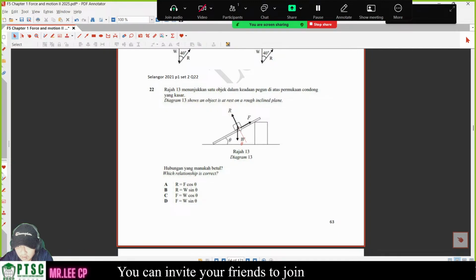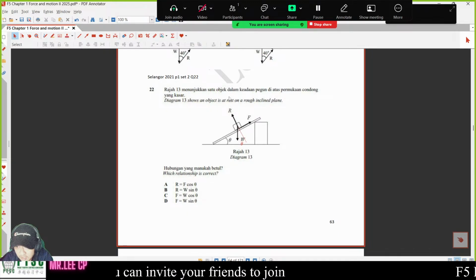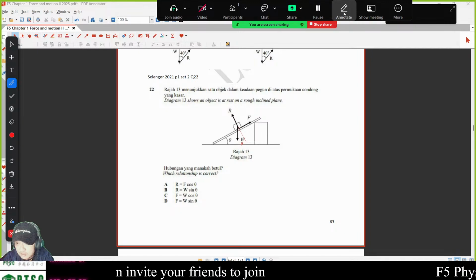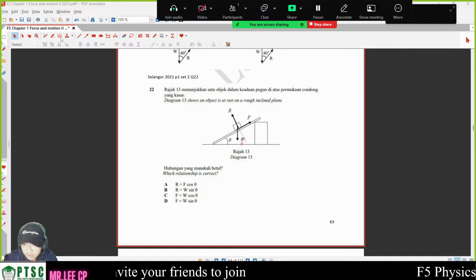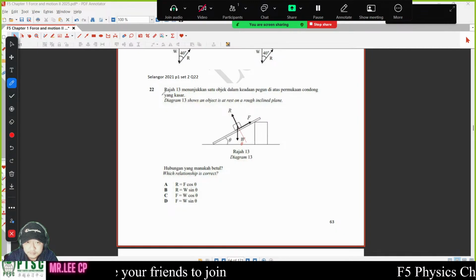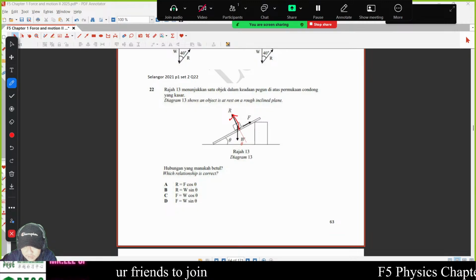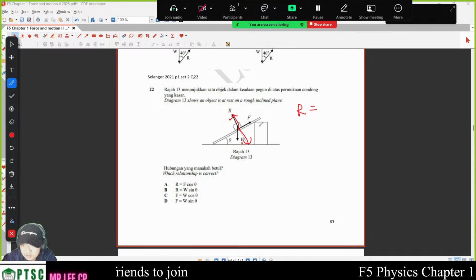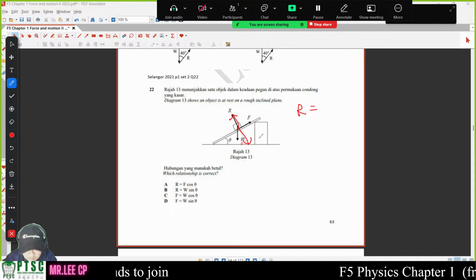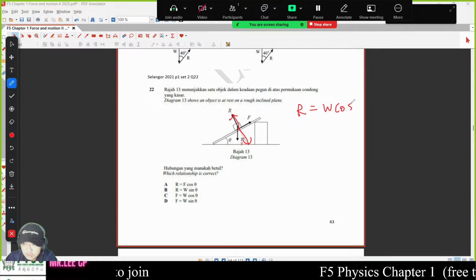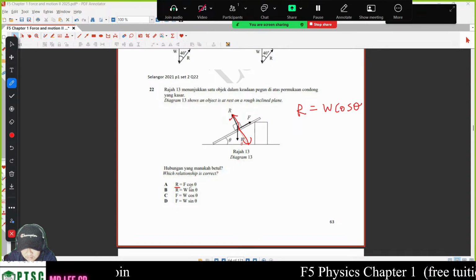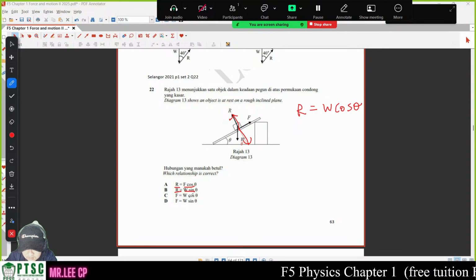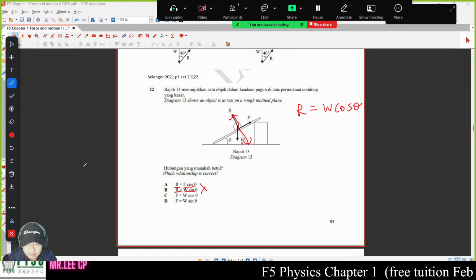So the object is at rest. So meaning that the force going up is equal to down. R is equal to W cos theta? R is equal to W sin theta? Salah. Both are wrong. Okay.